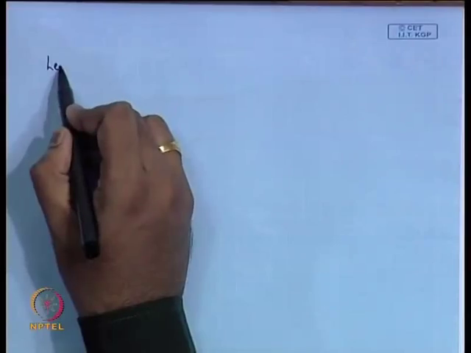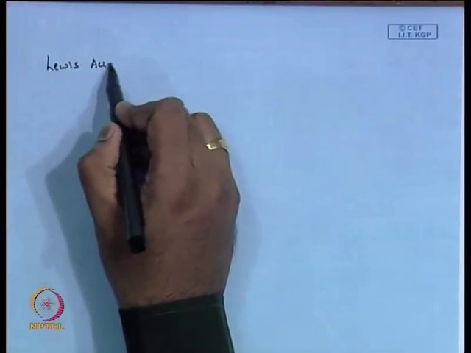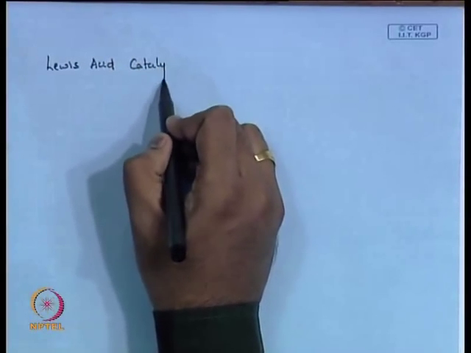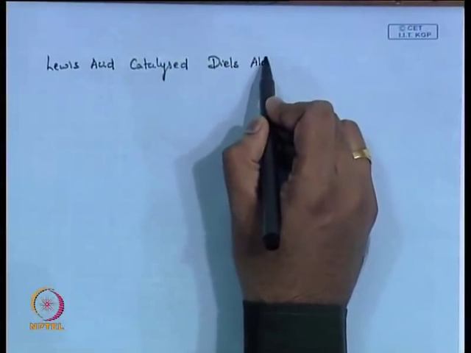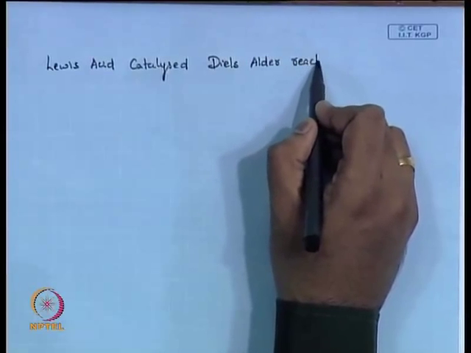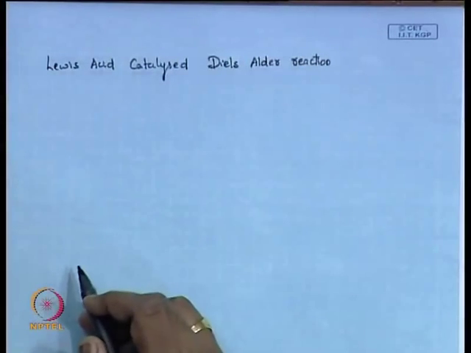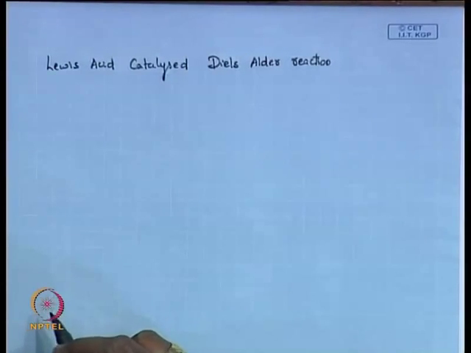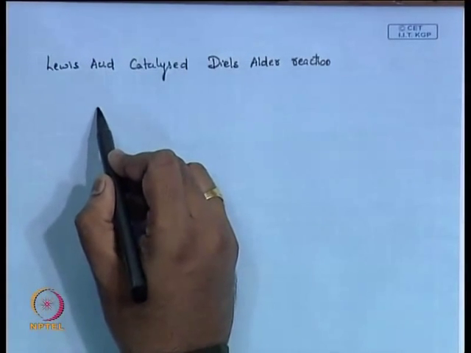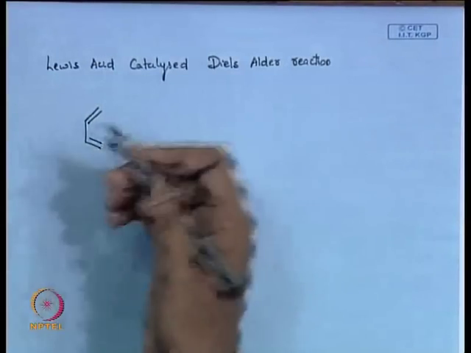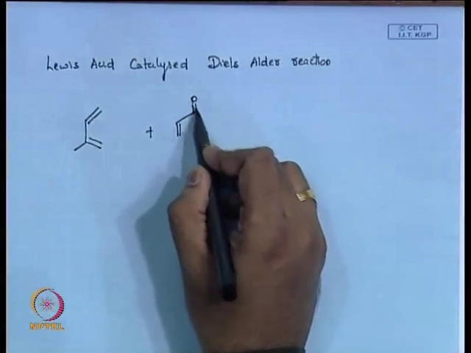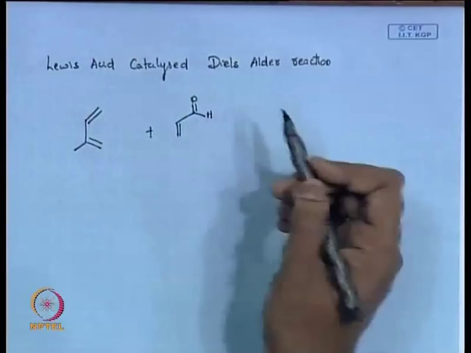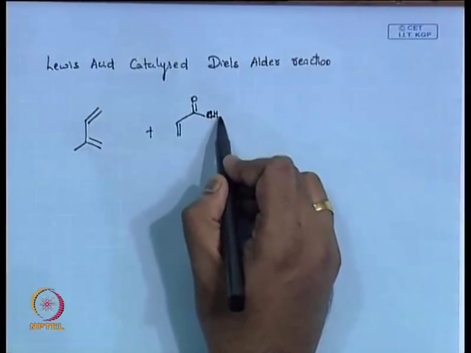Similar to extension of this, if you see, we have Lewis acid. If you do a Lewis acid catalyzed Diels-Alder reaction, so basically if you take a reaction of a diene like this with an aldehyde, then it can be an acetone. Okay.